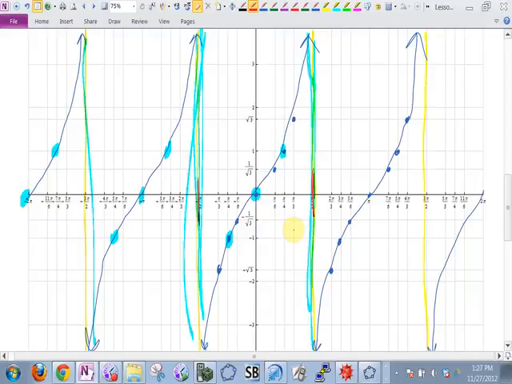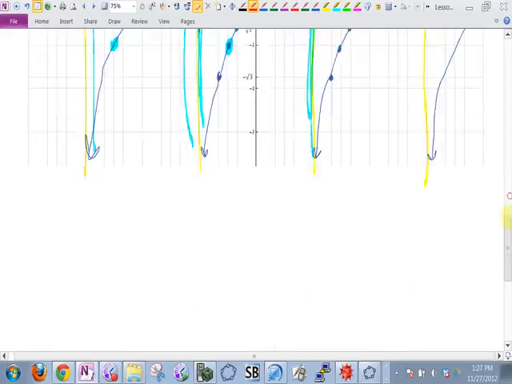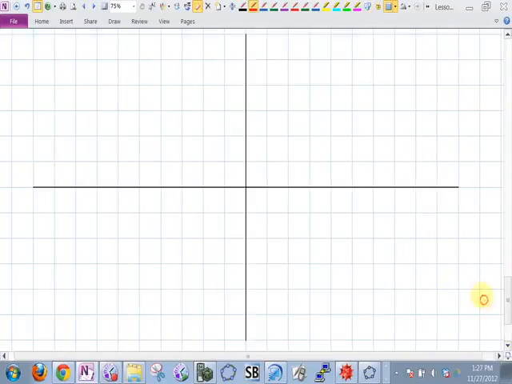Okay? So let's start by just graphing the parent function, y equals tangent x. So get your graph paper ready, put some axes on there, and get ready to make some happy graphs.